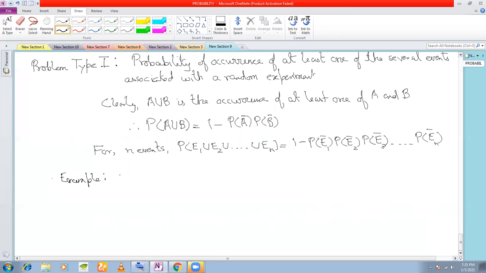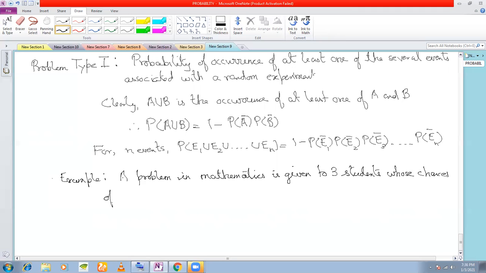A problem in mathematics is given to three students whose chances of solving are half, one third, one fourth.